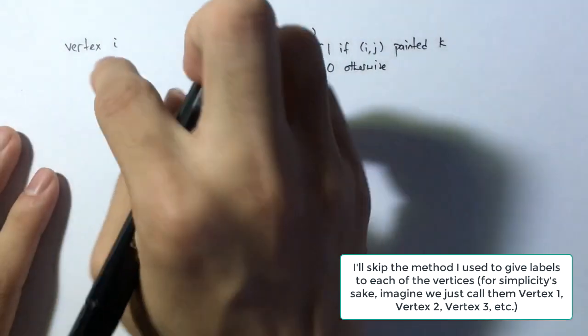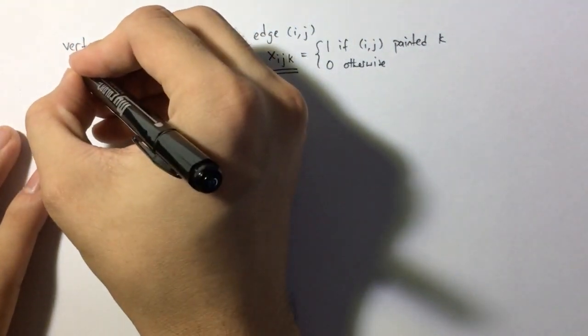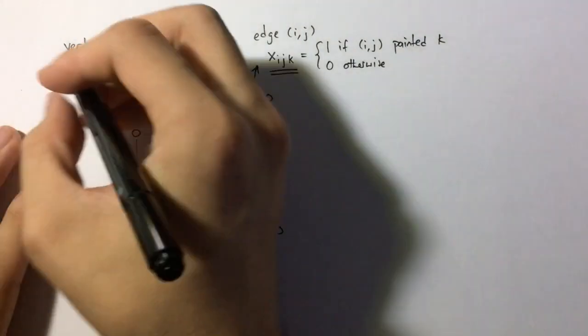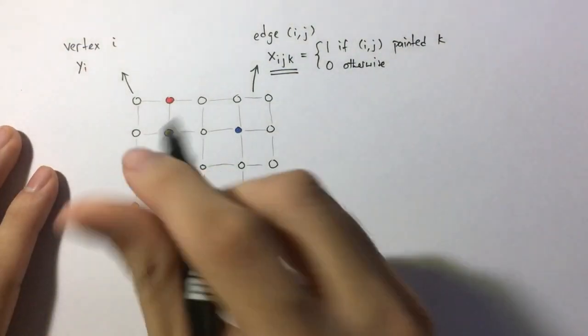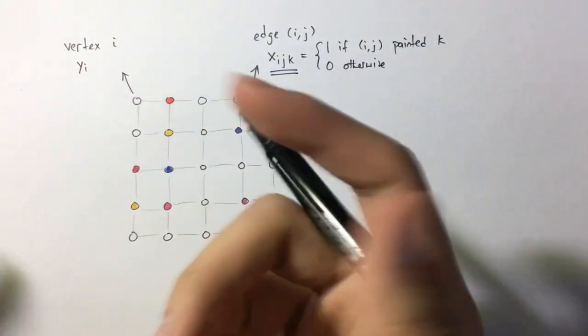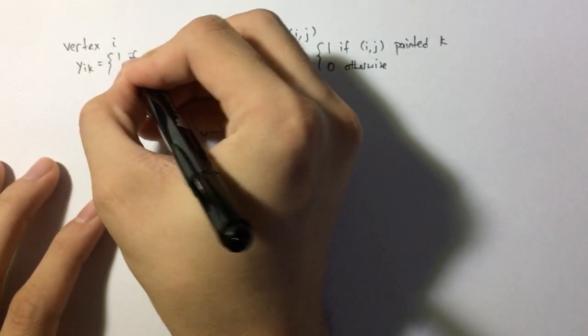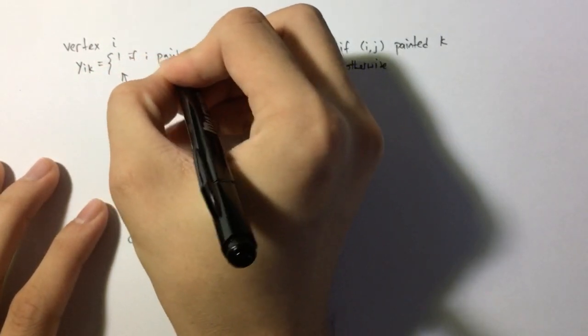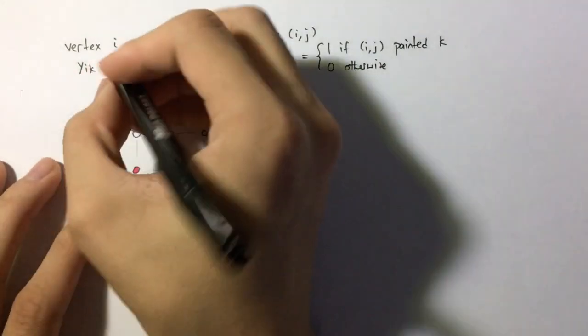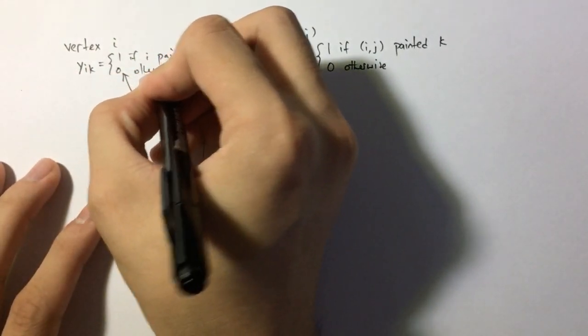So the way I'm going to do so is I'm going to say another variable, y of i, and again, because one vertex can be many colors, I'll say y_ik, and this will be equal to 1 if i is painted color k, and it'll be 0 otherwise.